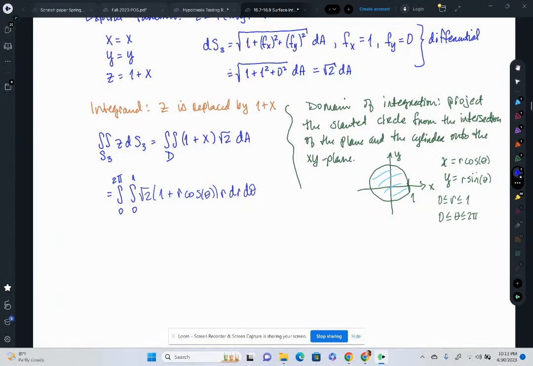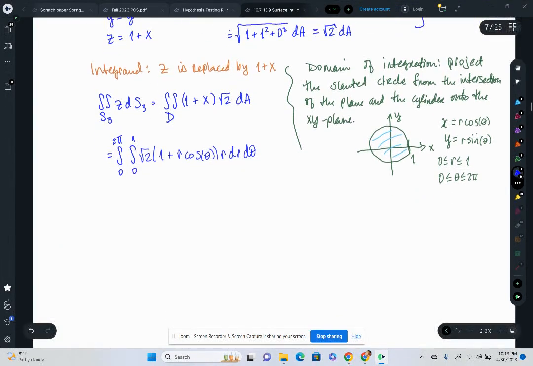Let me rewrite this so that things are combined the way they need to be. This is the square root of 2 integral 0 to 2 pi integral 0 to 1 of r plus r squared cosine of theta dr d theta.